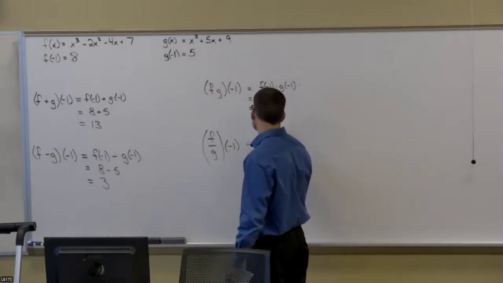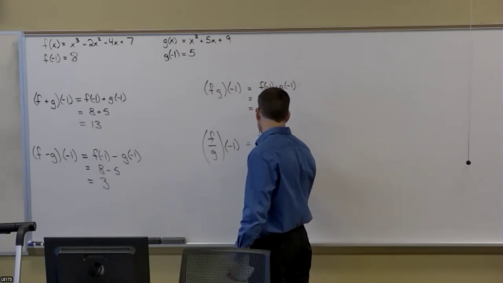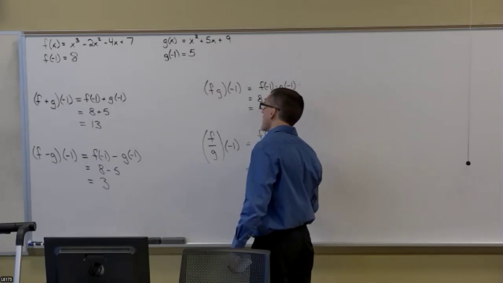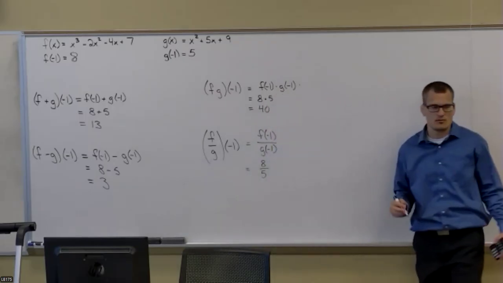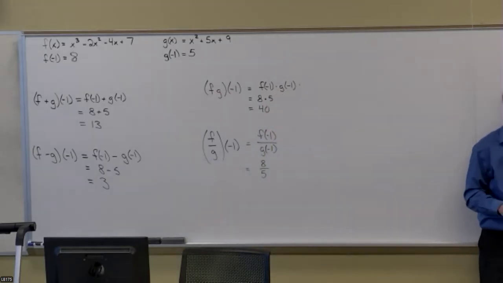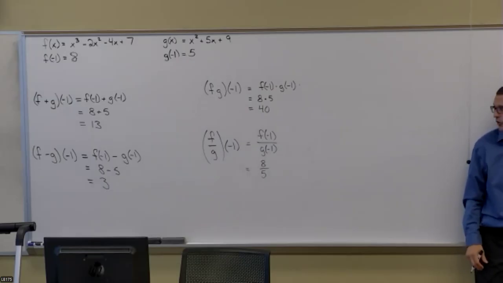I'll write the steps, might as well. 8 over 5 would be, yeah, 1.6 if you wanted a decimal version. So 8 over 5, that's the improper fraction version. 1.6 is the decimal version.